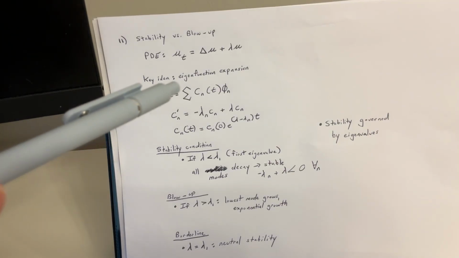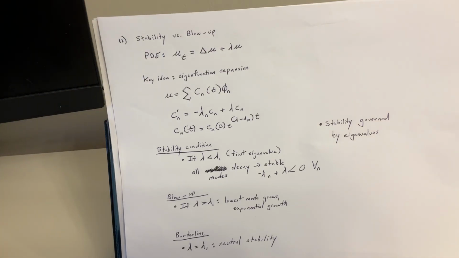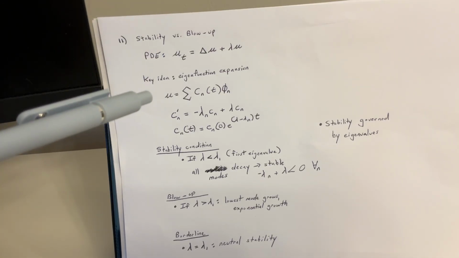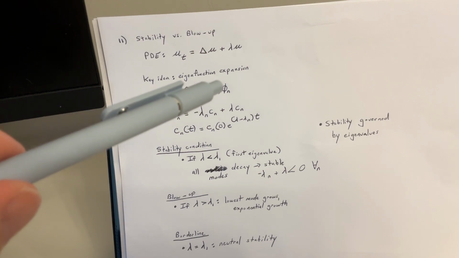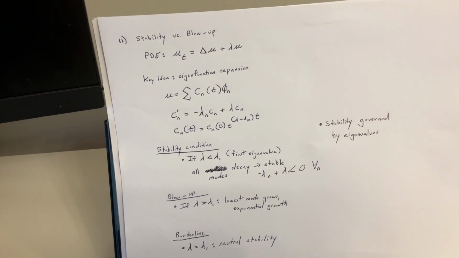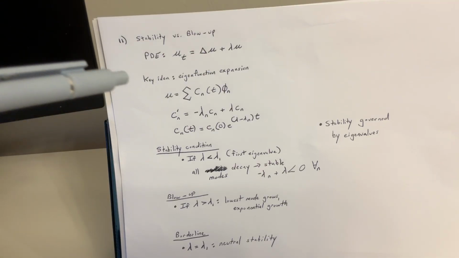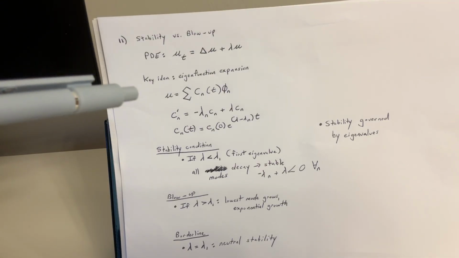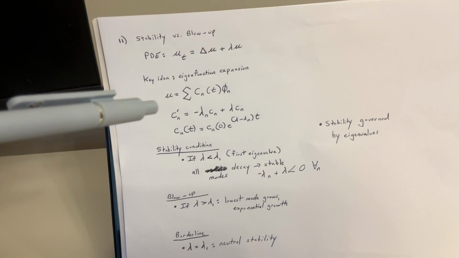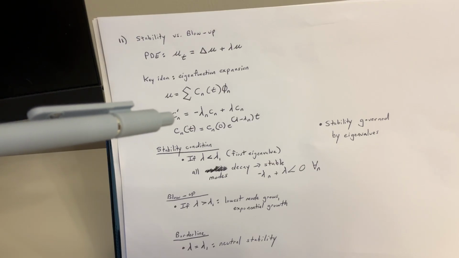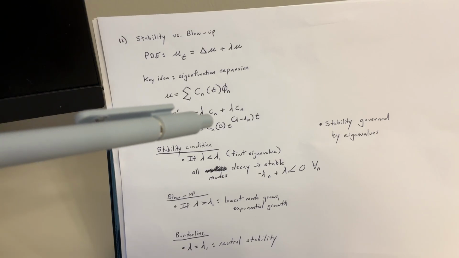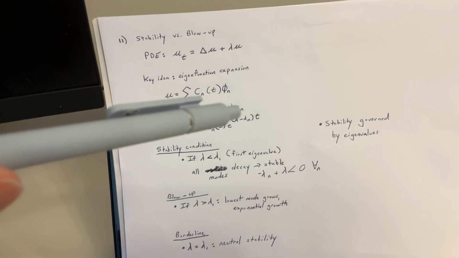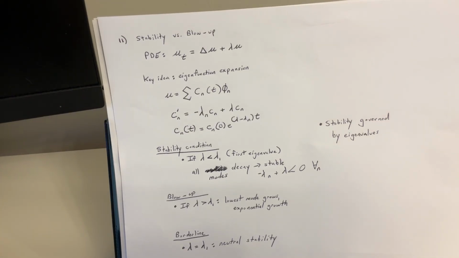Now here's the key idea for this: eigenfunction expansion. So draw upon what you know before. We could say u is a summation of c sub n of t, phi sub n. If we take the derivatives here, c sub n prime is going to equal negative lambda sub n c sub n plus lambda c sub n. Okay, that's if you do the algebra and the derivative.